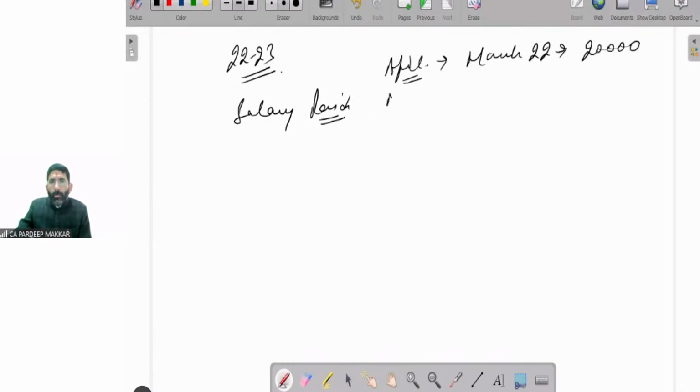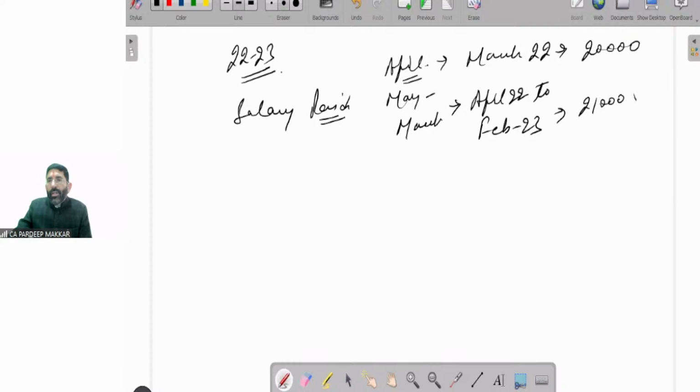And then from May to March, every month we will pay salary of the previous month, that is salary of April 22 to Feb 23, which will be paid as 21,000 into 11. How much is it? 2,31,000. So this will be given in your trial balance.